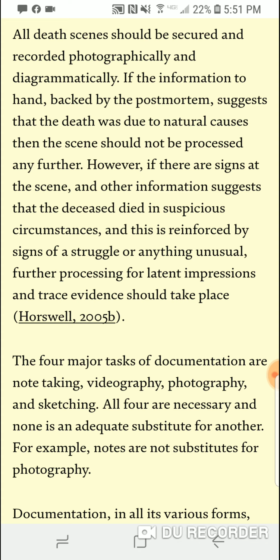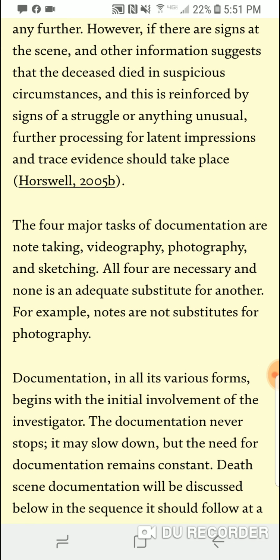However, if there are signs at the scene and other information suggests that the deceased died in suspicious circumstances, and this is reinforced by signs of a struggle or anything unusual, further processing for latent impressions and trace evidence should be taken. The four major tasks of documentation are note-taking, videography, photography, and sketching. All four of those are necessary and none is an adequate substitute for the other. And it says, for example, notes are not substitutes for photography.